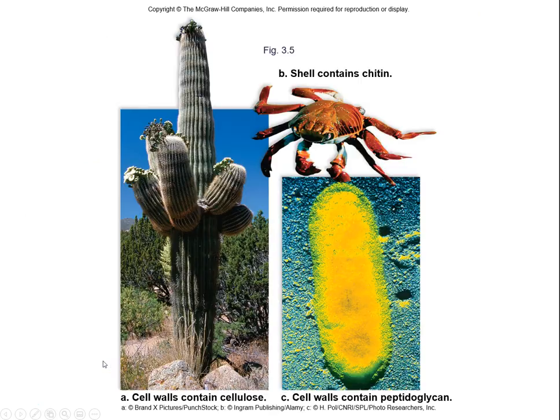And this is showing you plants' cell walls contain cellulose. I mentioned that the exoskeletons of some animals like insects, also crustaceans, contain chitin. And peptidoglycan you'll find in the cell walls of bacteria.